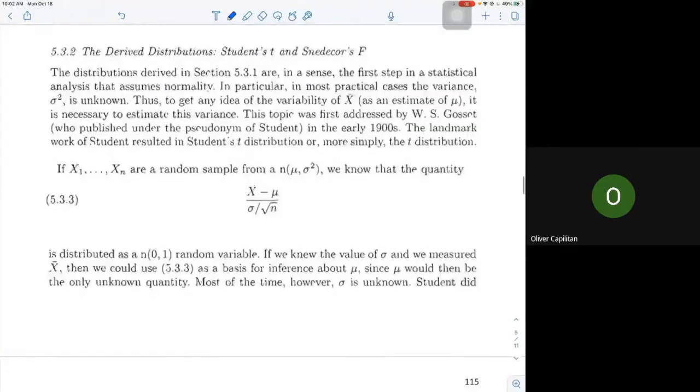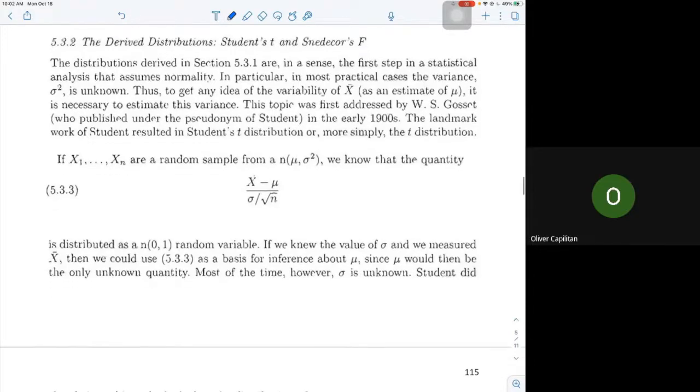So we have the Student t and then the Snedecor F. Okay, it says here, the distributions derived in Section 5.3.1 are, in a sense, the first step in a statistical analysis that assumes normality. In most practical cases, the variance sigma squared is unknown.